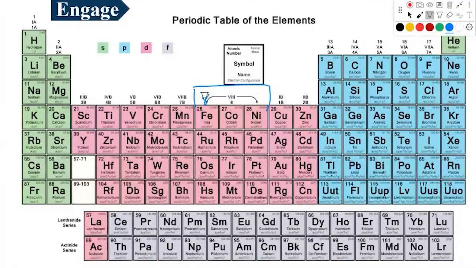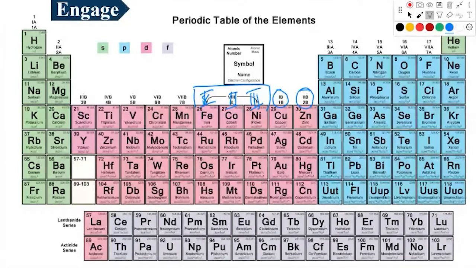Then if you get 9 electrons, it's also group 8, but the second 8. And if you get 10, it is in the third 8. Then if you get 11 electrons, it stays in group B1, and if you get 12 electrons, it is 2B.